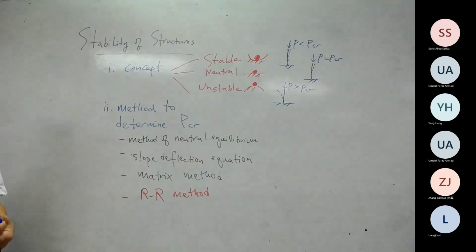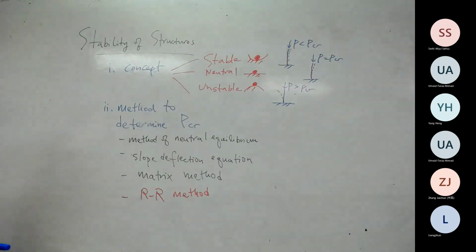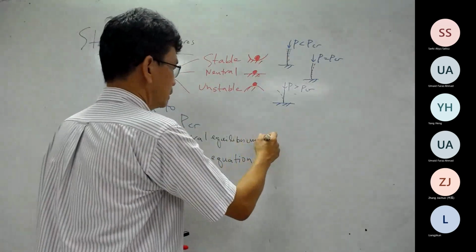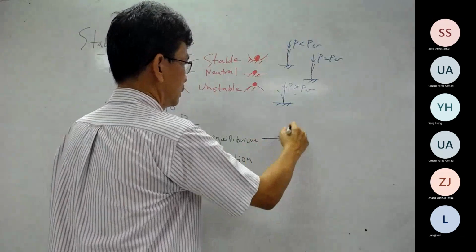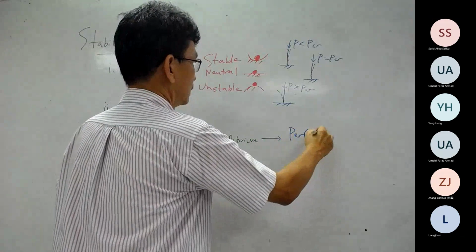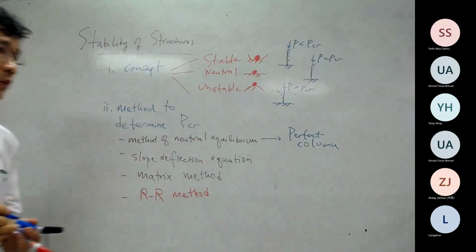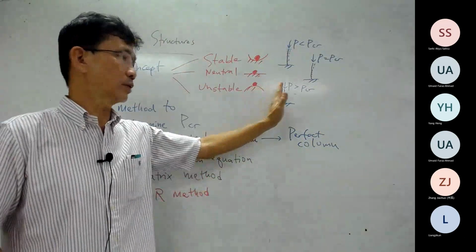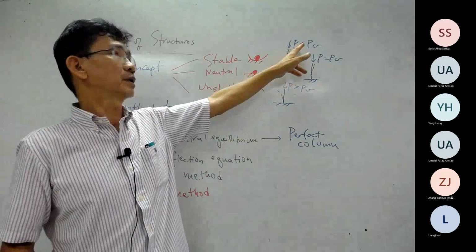Before I go a little deeper into this, we also cover the concept that this neutral equilibrium is for a perfect column. A perfect column will stay straight before P critical.